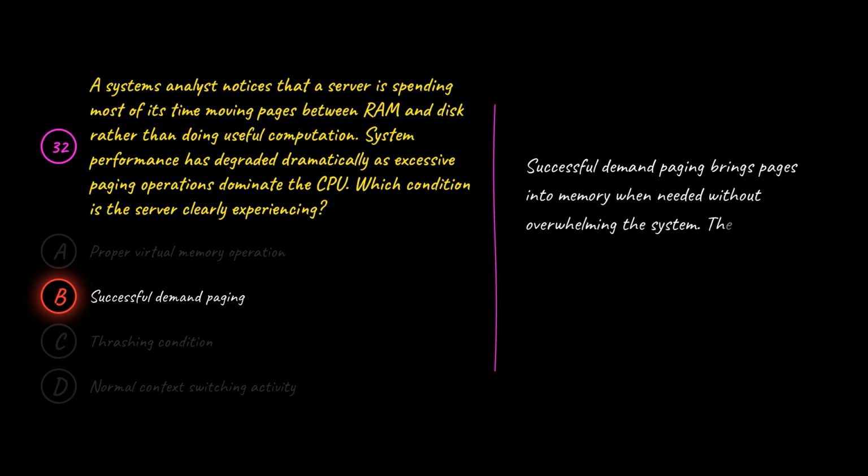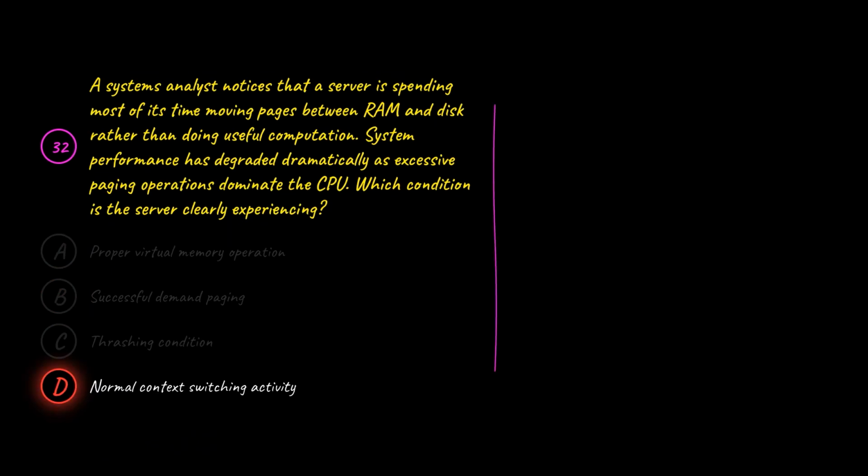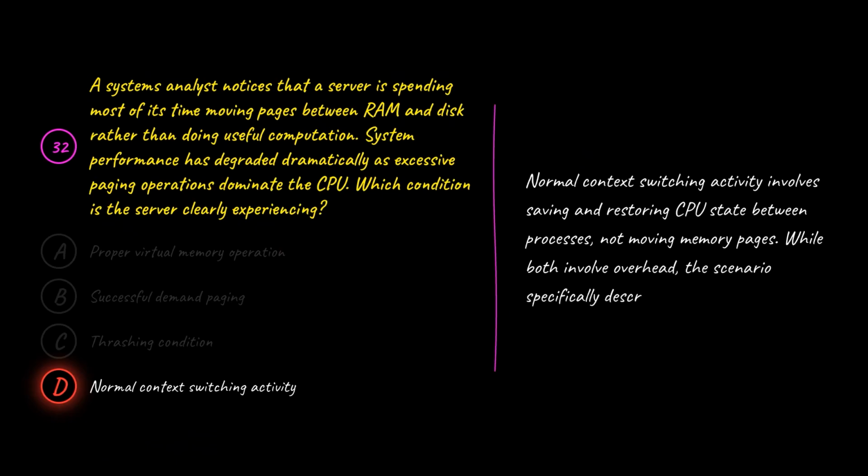The scenario shows pages being moved so frequently that useful work stops, which is the failure mode rather than successful paging. D is wrong because normal context switching activity involves saving and restoring CPU state between processes, not moving memory pages. While both involve overhead, the scenario specifically describes excessive page movement, which defines thrashing rather than context switching.